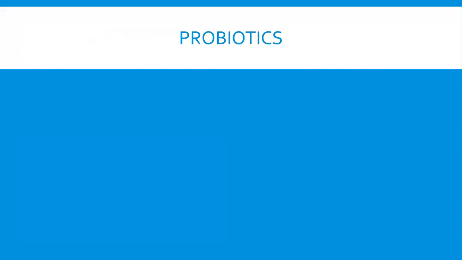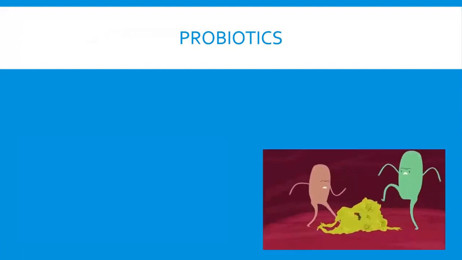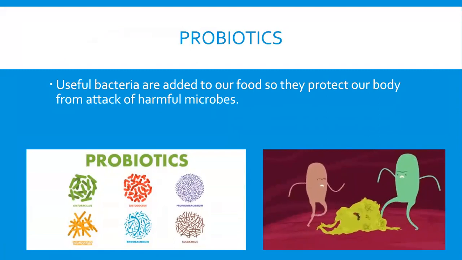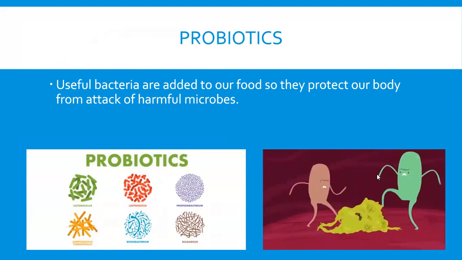Now let's come to probiotics. What are probiotics? Probiotics are useful bacteria that are added to our food so that they protect our body from the attack of harmful microorganisms. You see that these two good bacteria are beating this bad bacteria and trying to kill them.